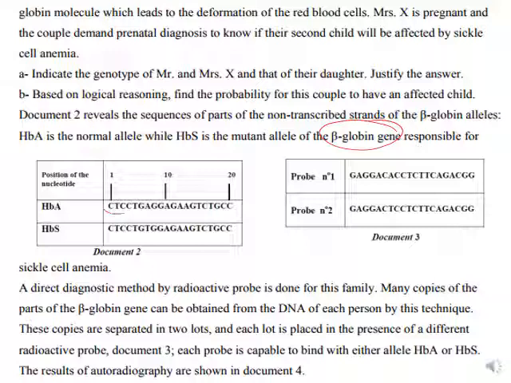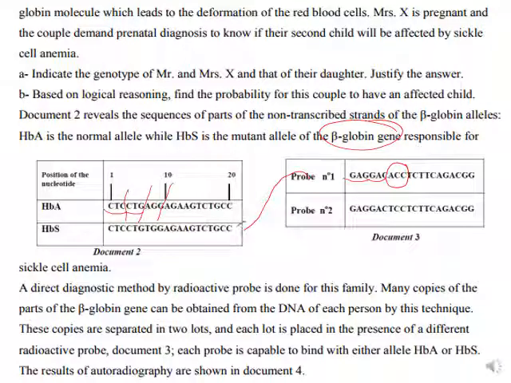CTC, and let's see if it is complementary to probe number 1, GAG. So this is correct. CTG will be GAC. Very good. Here we have the first 3, second 3. AGG will be complementary to TCC. Sorry, we have a change in this.